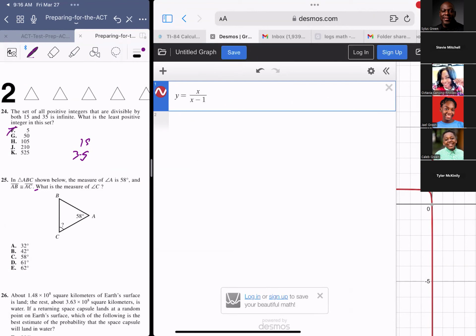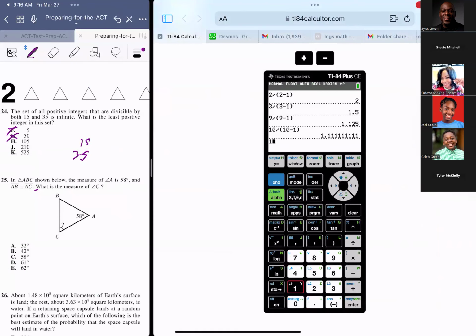It's literally under. 50 is not divisible by 15 and 35. I think 105 is though, but we can go to our calculator and check.